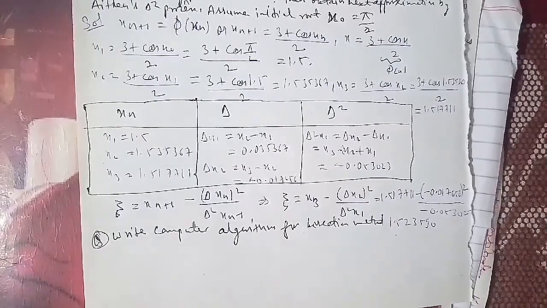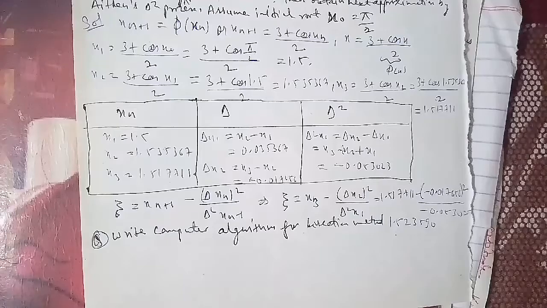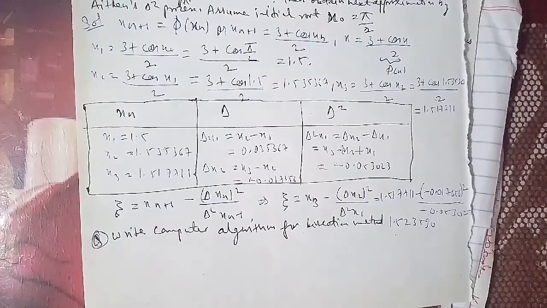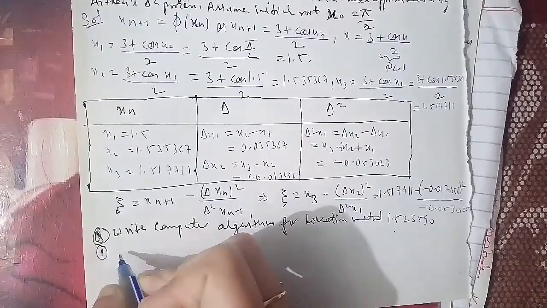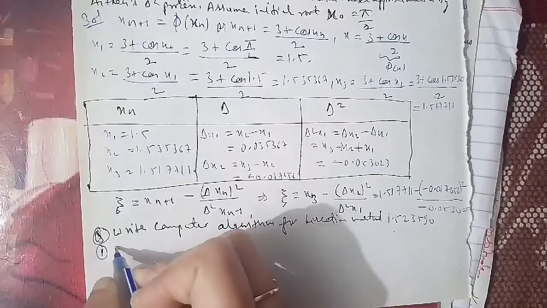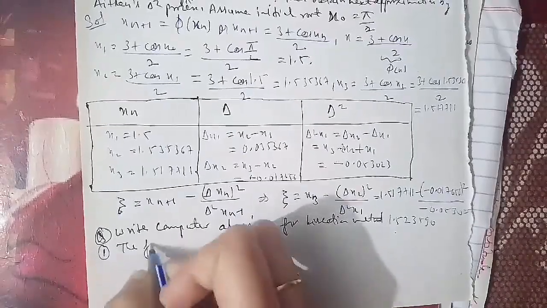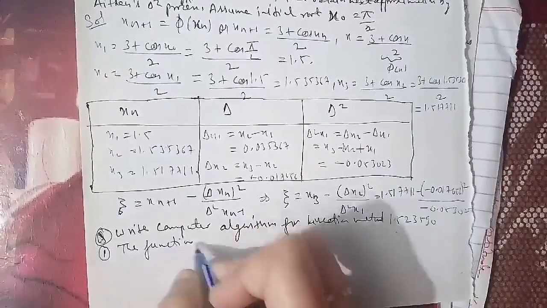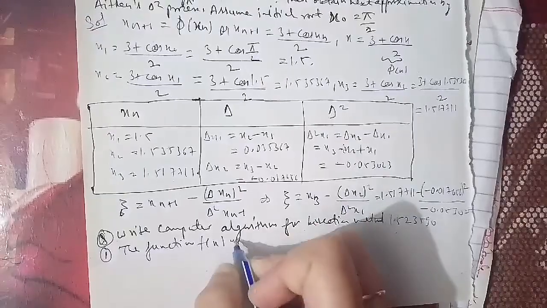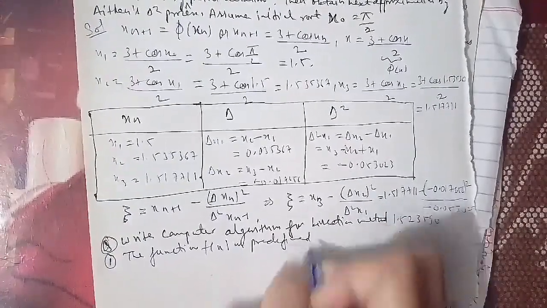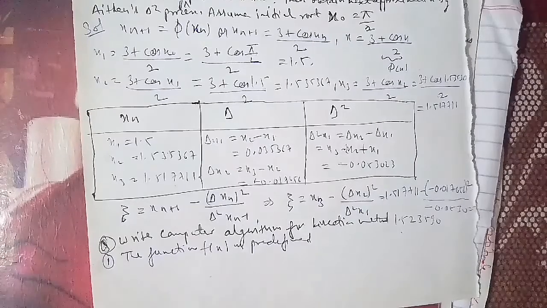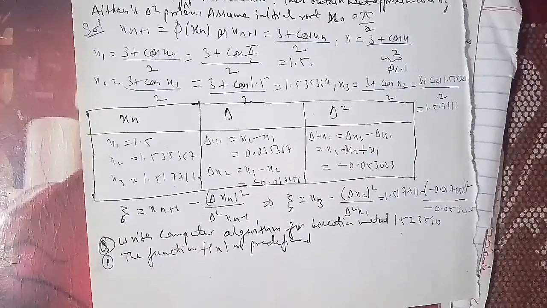So here we go ahead and we have to talk about it. On the same case, the assumptions we have, the first assumption is that the function fx is predefined. Okay, so we go ahead here in the detail.